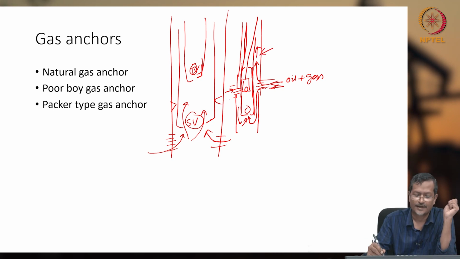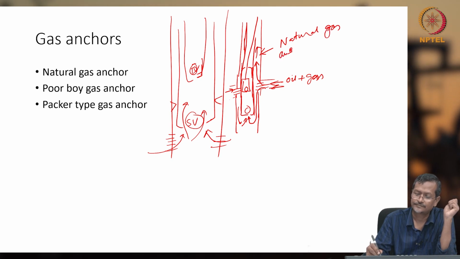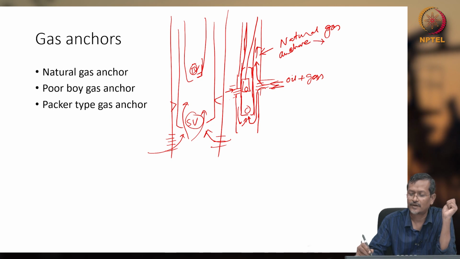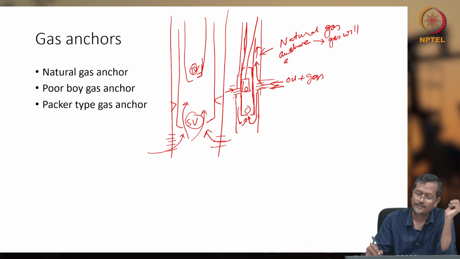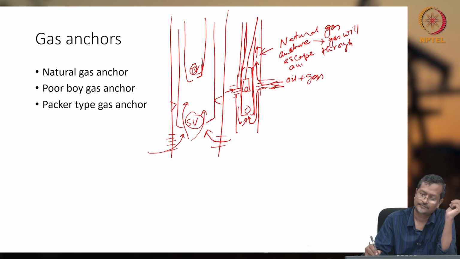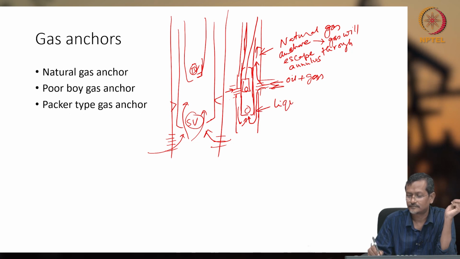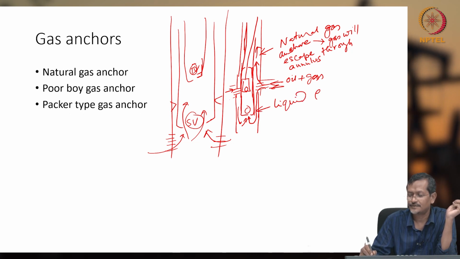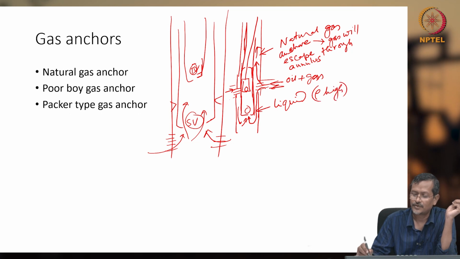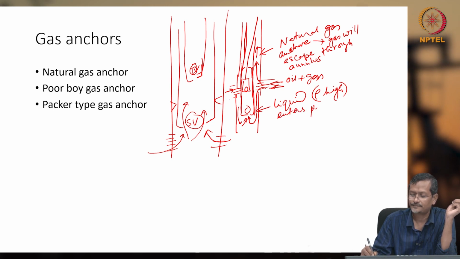So this is the natural gas anchor. In a natural gas anchor, gas will escape through the annulus, and liquid, because of high density, will fall down and enter the pump.